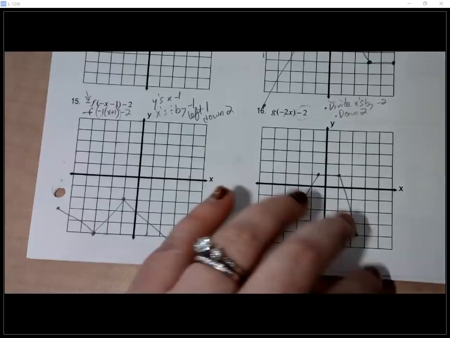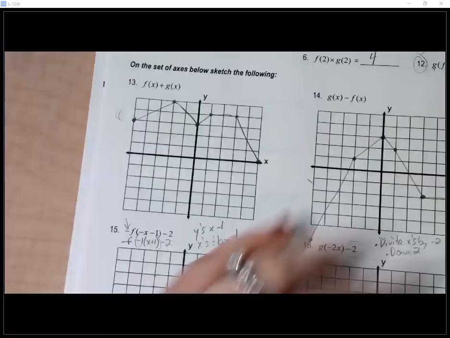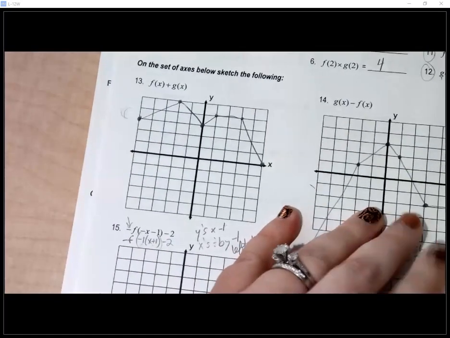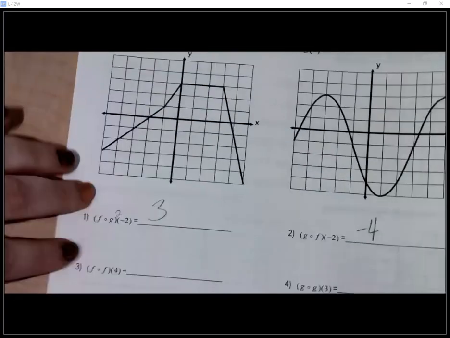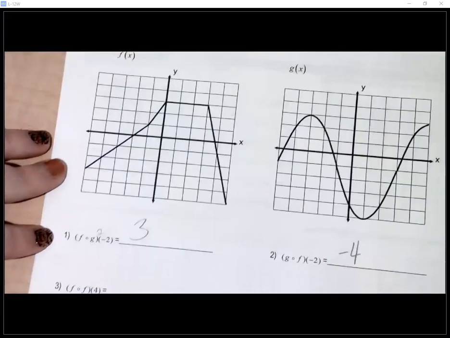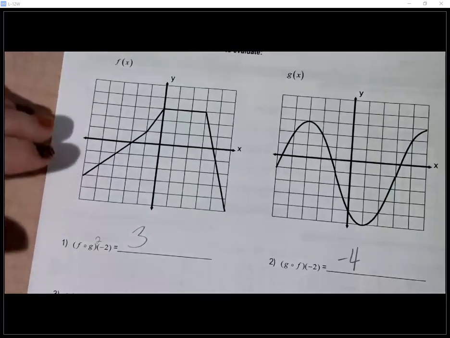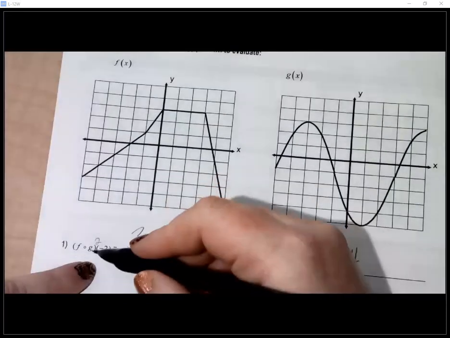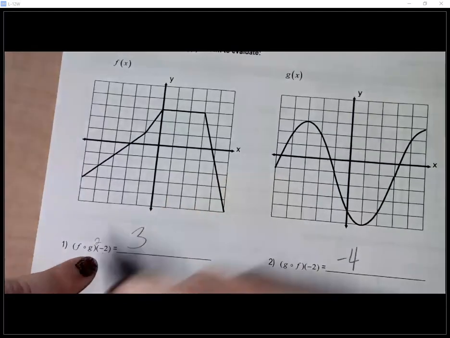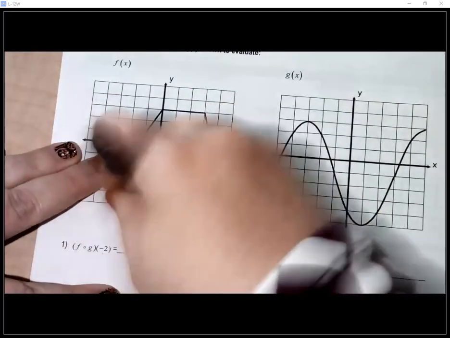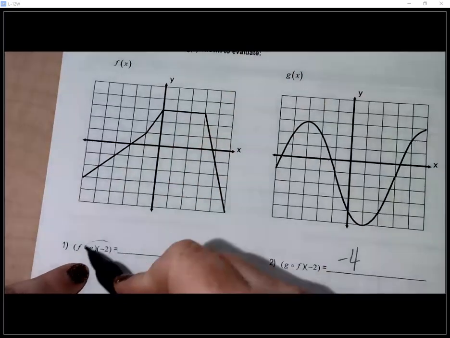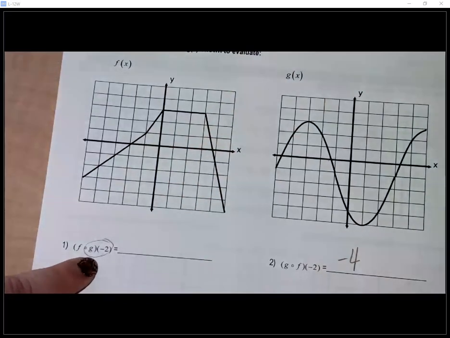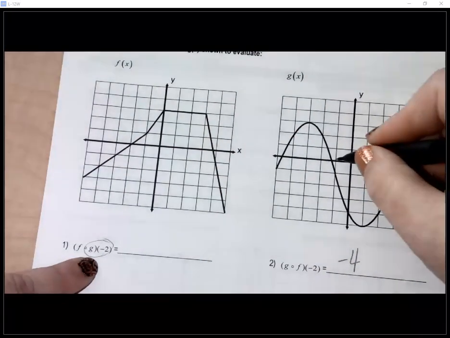All right, so let's look at the back. On the back, we're doing exactly what I just started talking to you about on the front. So for number 1, imagine you don't see this answer yet. Pretend that's not there. I want to figure out what this value is. If I go to my G function at -2, that's going to be a +2, right?